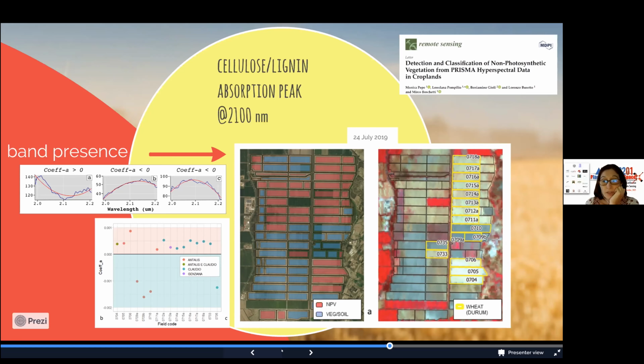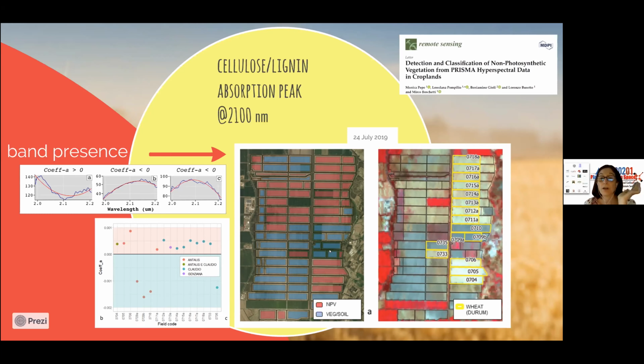And so, for instance, we produce this map, which is on the parcel level. So we use the average spectra of each field. And we see that, even if rough, it's a good approximation, because they are looking at durum wheat, which had been harvested at the time of overpass.